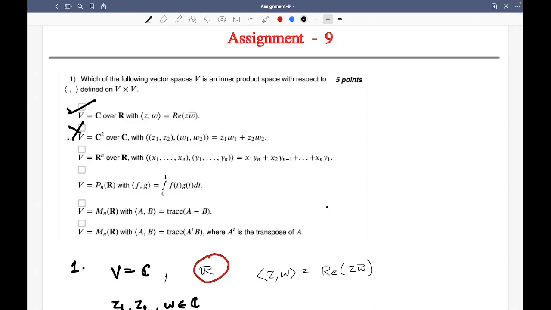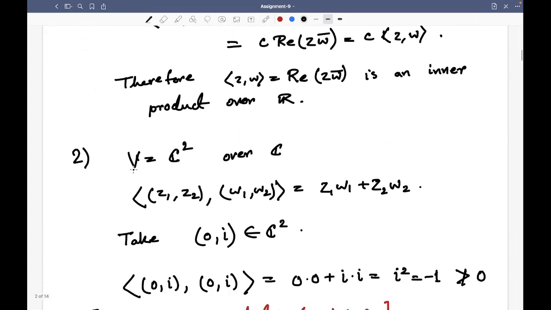Okay, let's check option number 3. What is option number 3? The vector space is Rn over R and the inner product of two vectors is x1 yn plus x2 y(n-1) and so on up to xn y1. So let's check this.